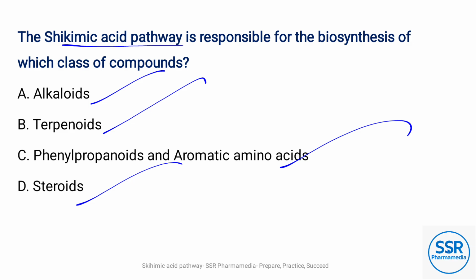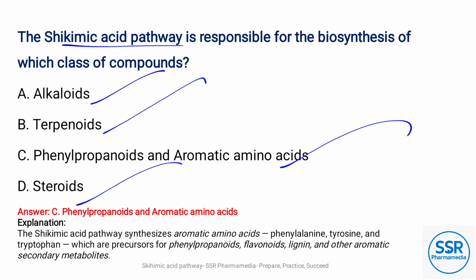For central pharmacist exams also, the Shikimic acid pathway is a very important topic. So the answer is option C, phenylpropanoids and aromatic amino acids. This Shikimic acid pathway synthesizes aromatic amino acids like phenylalanine, tyrosine and tryptophan, which are precursors for phenylpropanoids, flavonoids, lignin and other aromatic secondary metabolites.